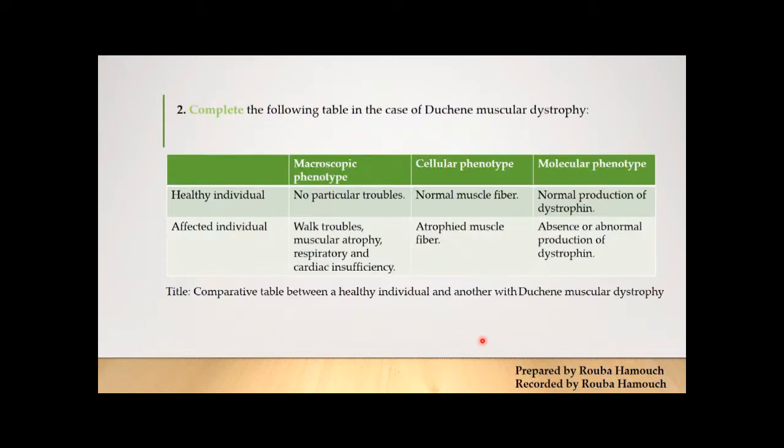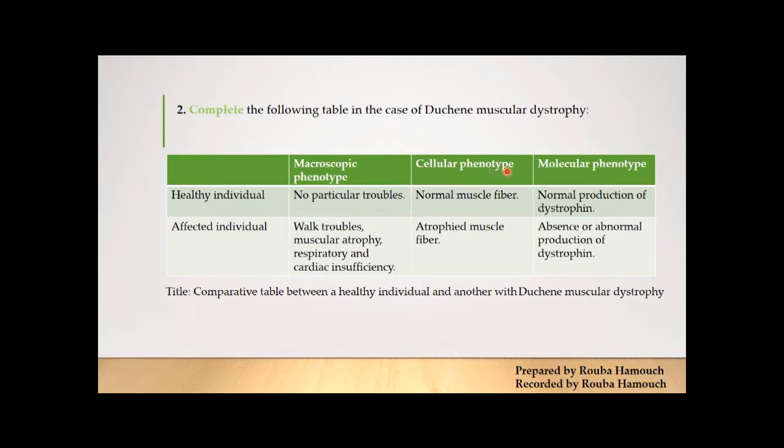So we continue here. The microscopic phenotype for a healthy individual, there is no trouble. Whereas in the individual with Duchenne muscular dystrophy, we observe walk troubles, muscular atrophy, degeneration of the muscle fibers, respiratory and cardiac insufficiency. So problems in the respiratory tract and in the heart muscle.